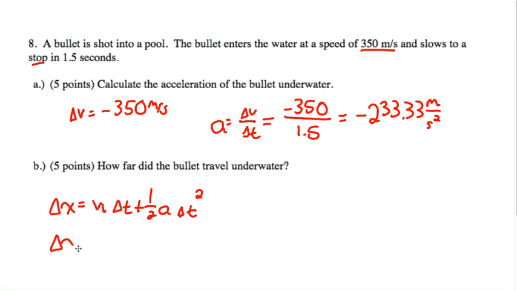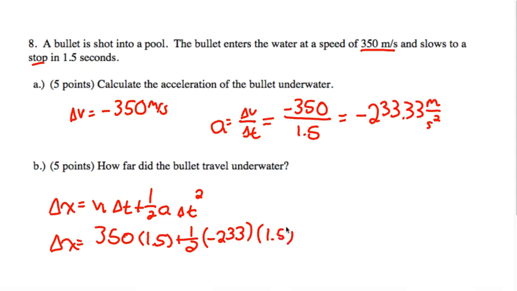So we're plugging that in for VI. 350 multiplied by the amount of time it was underwater, so 1.5 seconds, plus 1/2 our acceleration. Now our acceleration is what we just solved for, so it's that big number, negative 233.33. You can write that as well. Multiplied by our time, which is still the 1.5 seconds. Time is under the water, but we have to square it on that second half of our equation.